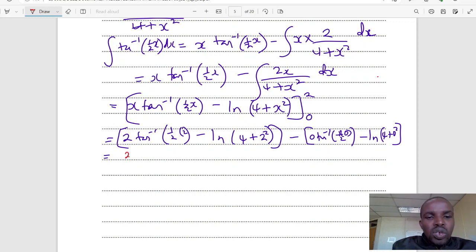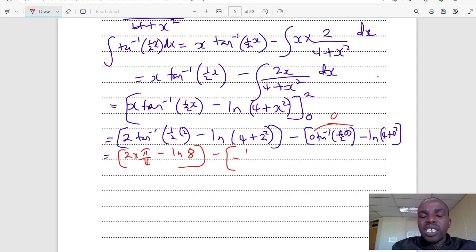So it will be 2 times pi over 4 minus, on this part, 2 squared is 4 plus 4 is 8, minus ln 8. Then minus 0 times this one, this whole thing will be cleared to 0. So it will be minus ln 4, like this.